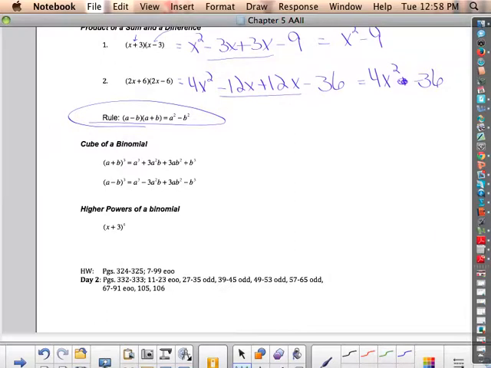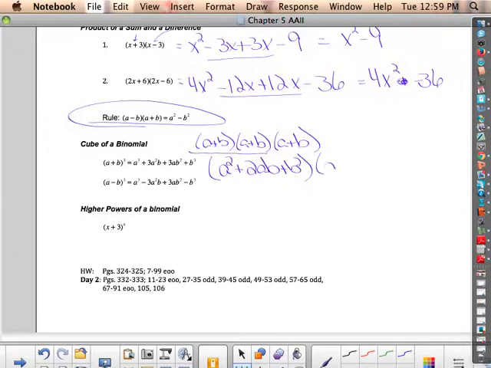Now, when we look at the cube of a binomial, if I had a plus b times a plus b times a plus b, to get the cube of a binomial, I'll take the first 2 and I'll FOIL those, giving me a squared plus 2ab plus b squared.